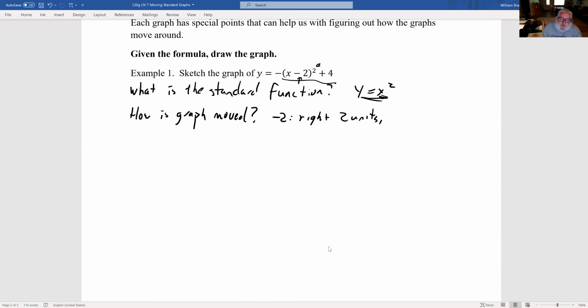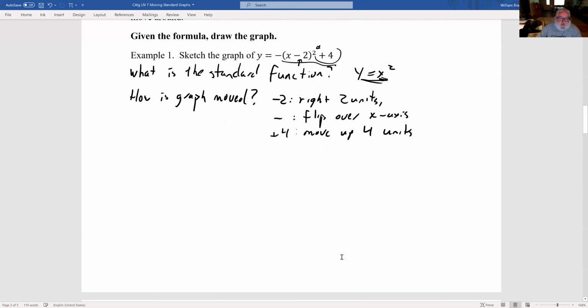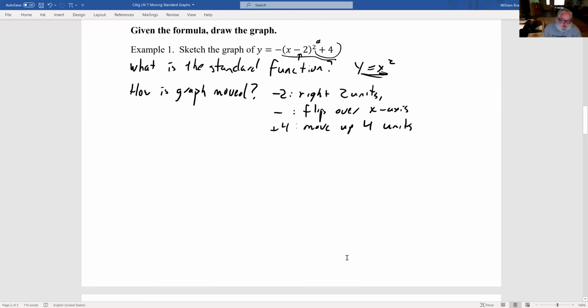We've got a minus outside. That means flip over x-axis because it's outside, so it's going to flip it vertically. And then a +4 outside. That means move up 4 units. Great. So how do we sketch the graph of this?